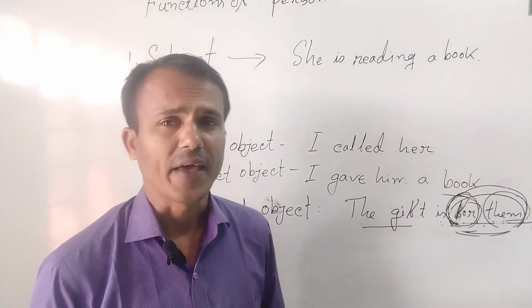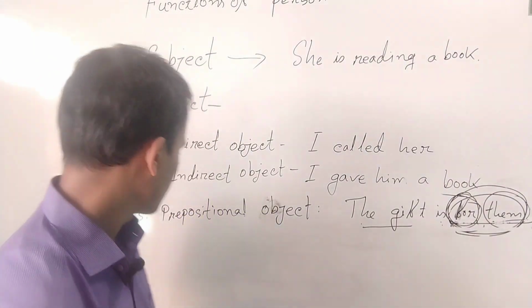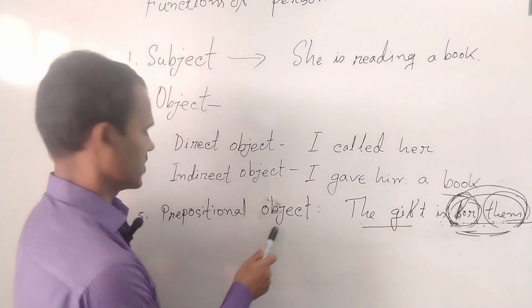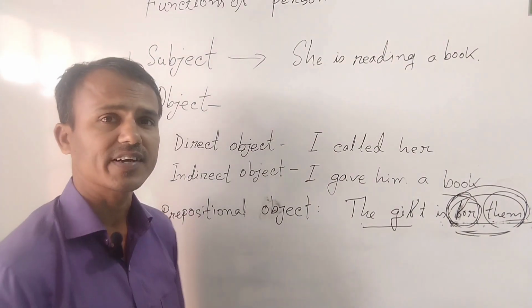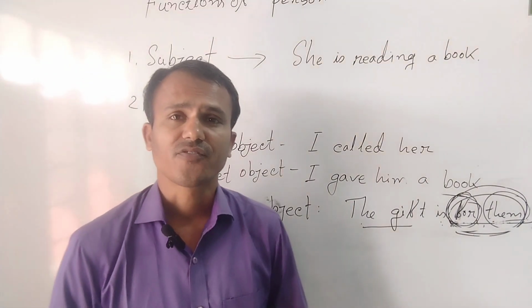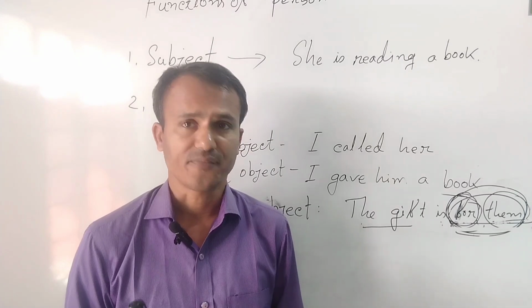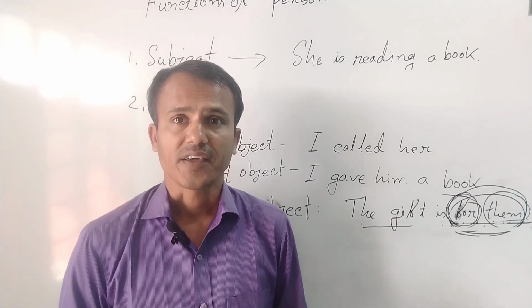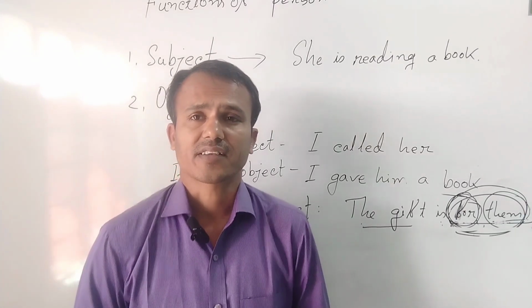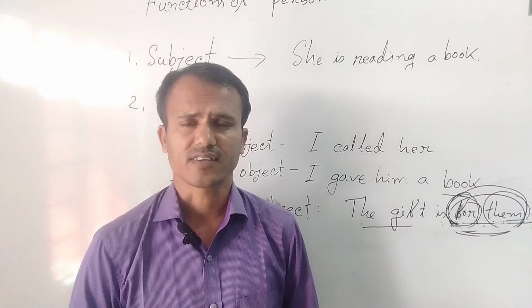Dear listeners, the another function of person is prepositional object. Prepositional object indicates the person that follows a preposition and is connected to another part of the sentence.